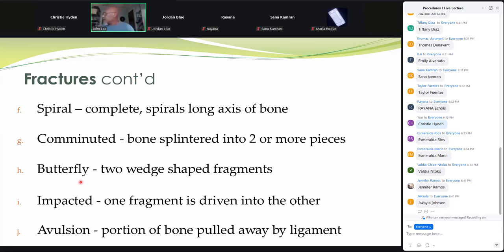I have an image of one somewhere. But they're triangular where two points come down and meet on either side of the bone, and it looks like a very squared off and angular butterfly wing.